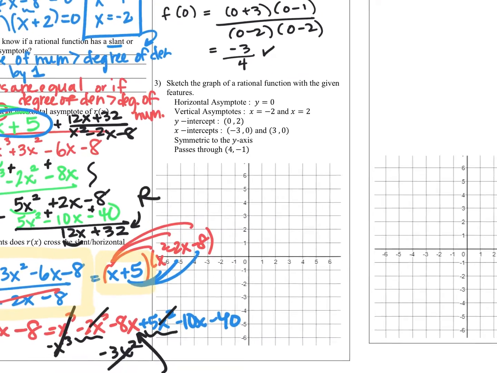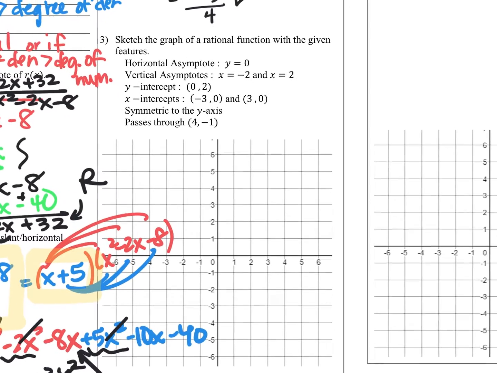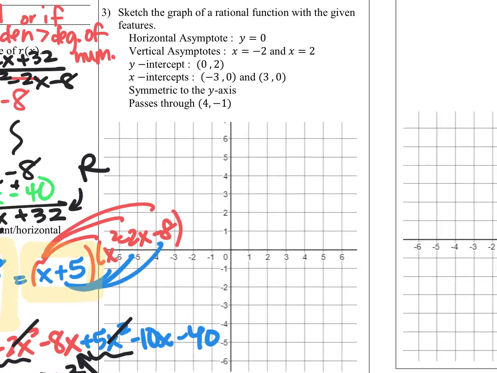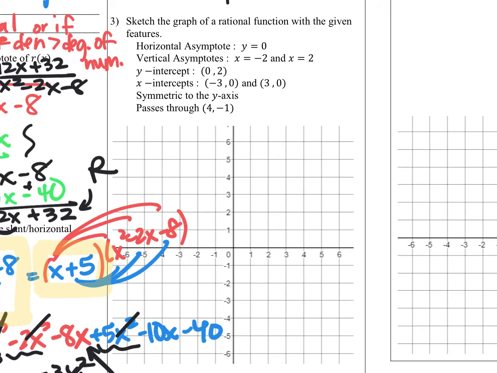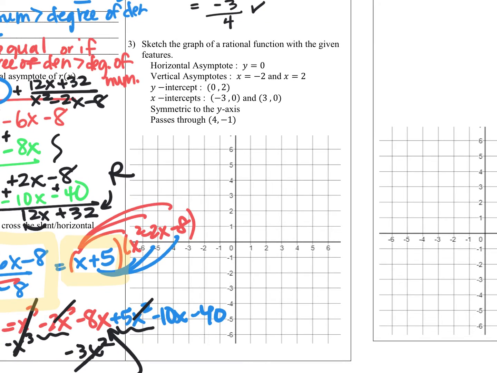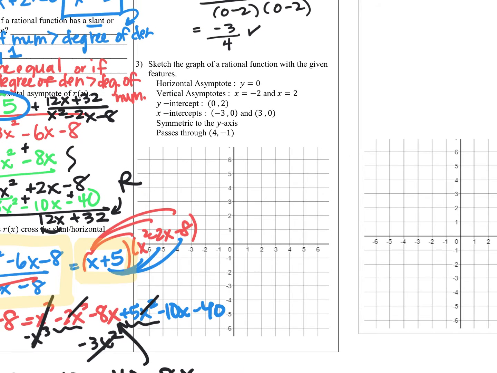All right. For number 3, we're going to sketch all of these details and get our graph, just like we were doing in class. I have a little bit of writing, so we're going to try and go around that. I have y equals 0 as my horizontal asymptote, so I'm going to put that in there. My vertical asymptotes are x equals negative 2 and x equals 2.